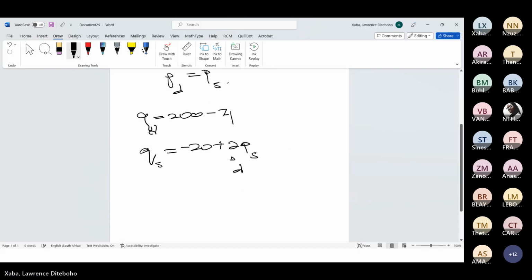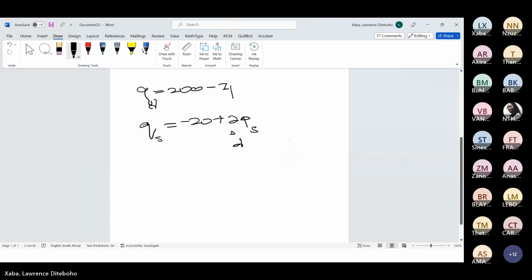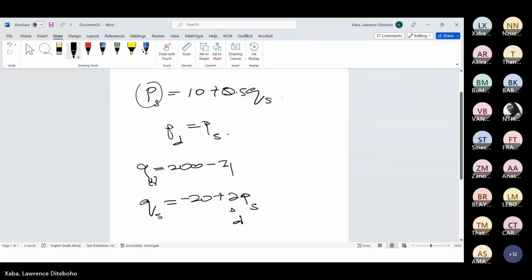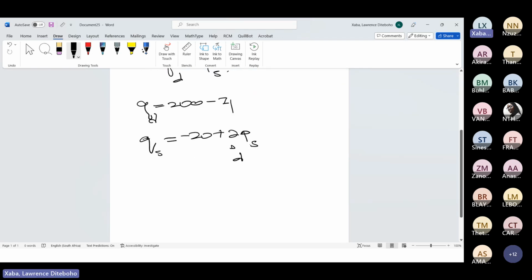So what do we do now? We equate, where now we want the price. So for us to have the price, we say 200 minus 2 PD equals negative 200 plus 2 PS.